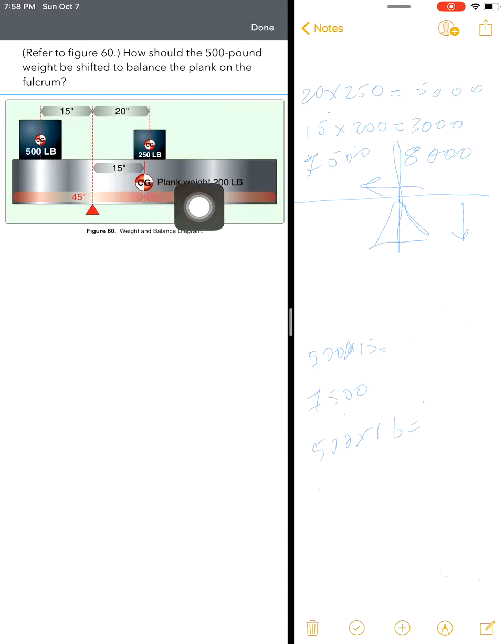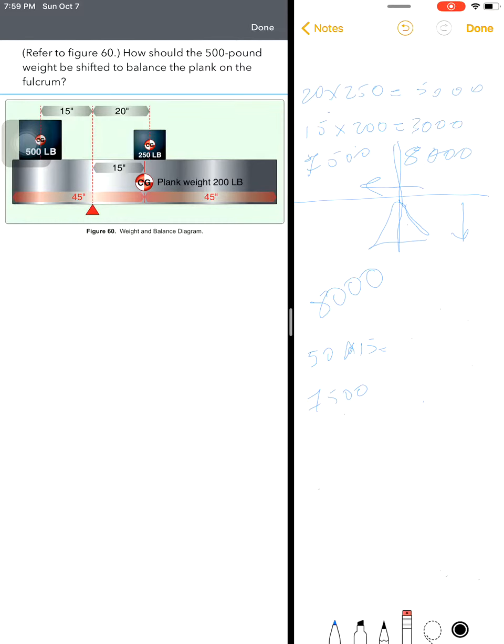The arm is too far if you look at this side, so I would say 1 inch to the left. 500 multiplied by 16 gives us 8,000. Bingo. So it says 1 inch, so add 1 inch, which means move it a little bit further to the left. That's how you get that right.